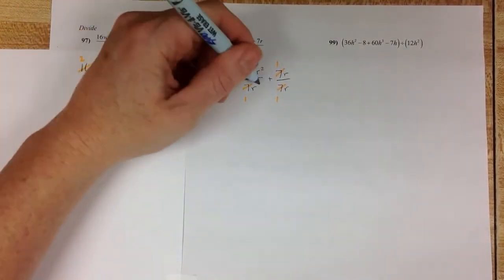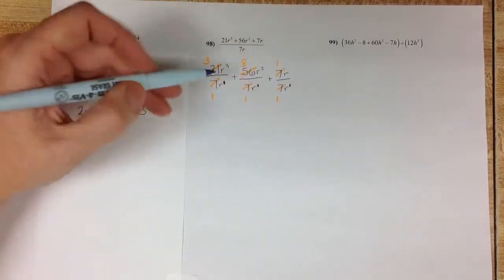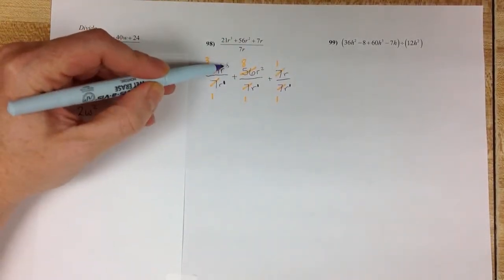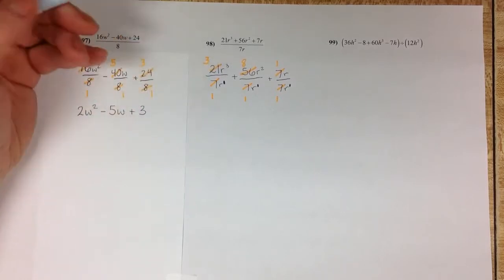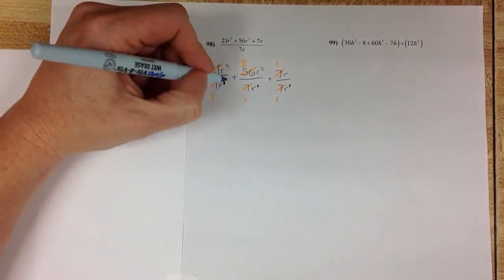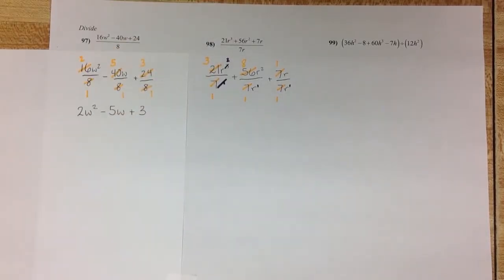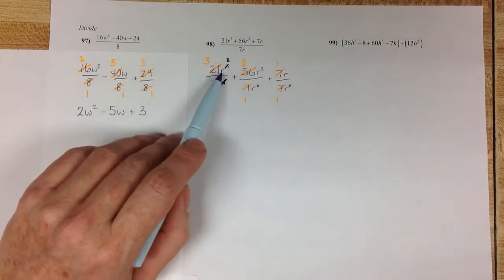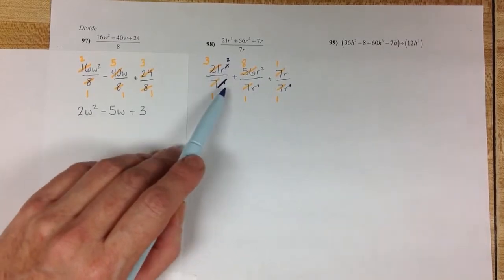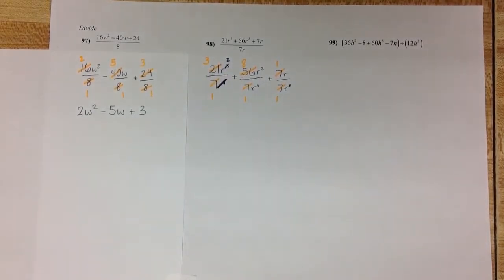So this is 1r in each one of these cases. If I have 1r on the bottom and 3 on the top, getting rid of this r will reduce this exponent to a 2, because r cubed divided by r is just r squared.